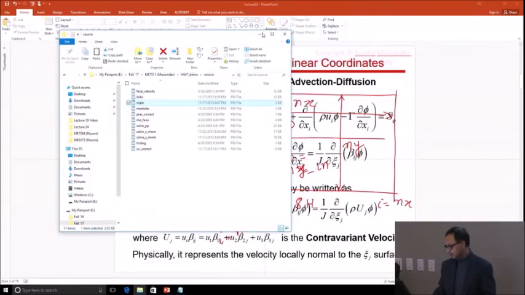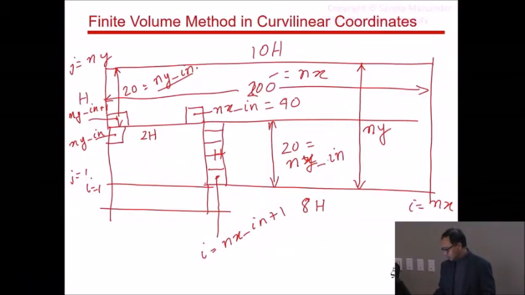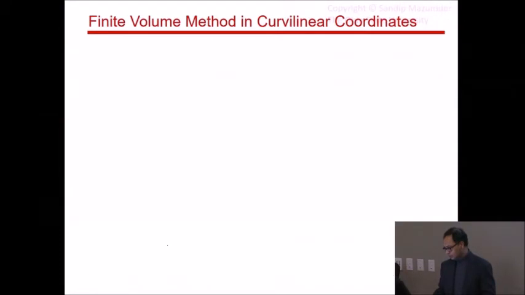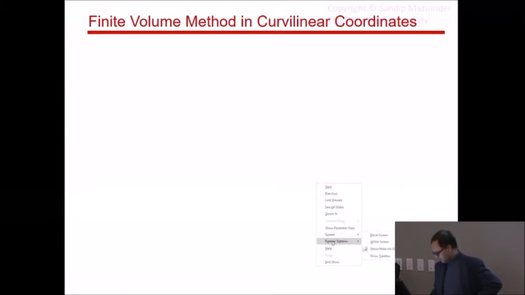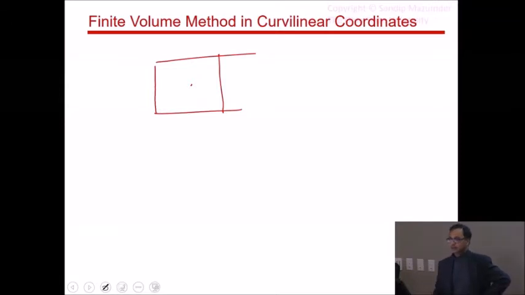Let's just talk about this briefly. I'm going to draw another picture here. I want to solve a flow problem, and let's consider just the first cell right next to the inlet.